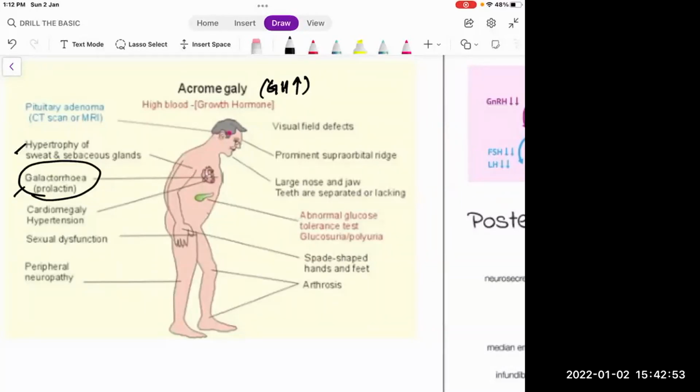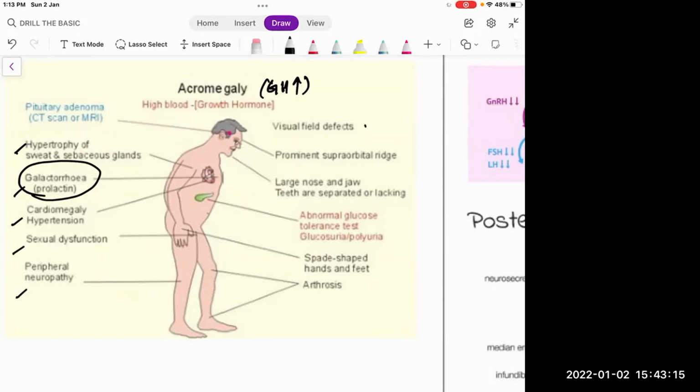But if a male has growth hormone excess, acromegaly, they will encounter galactorrhea. And cardiomegaly, because it is involved in metabolic functioning. Excess metabolic functioning leads to cardiomegaly, sexual dysfunction, and also peripheral neuropathy.